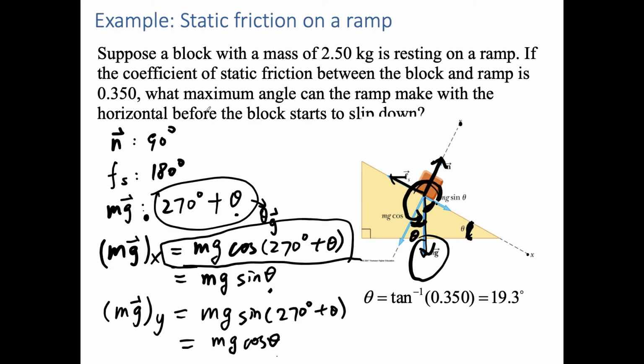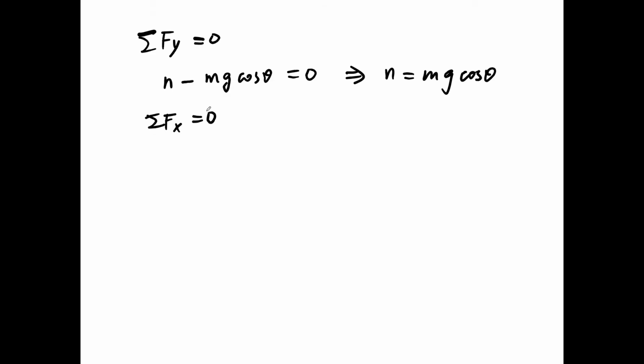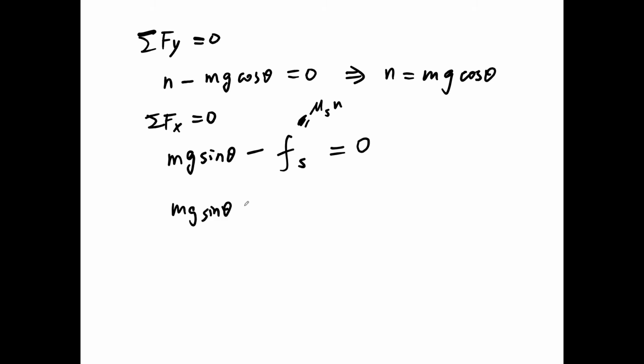So in the x direction, what do we have? We have the x component of mg, which is mg sine theta, subtract fs, equals 0. But what is fs? fs equals mu s N. I already found out N. So it's mg sine theta subtract mu s N, and N is mg cosine theta.